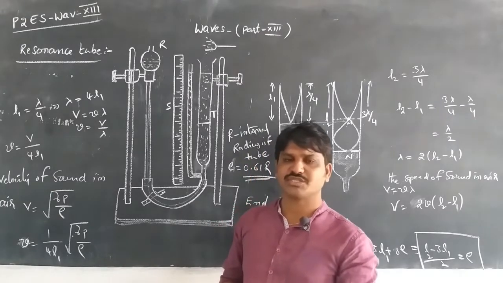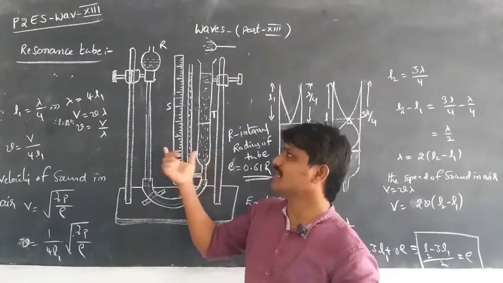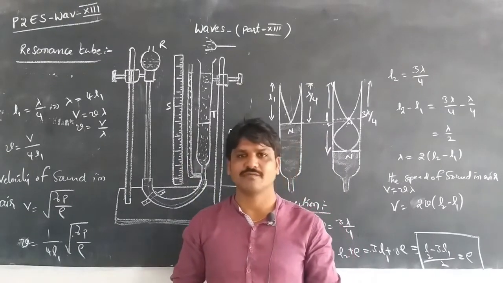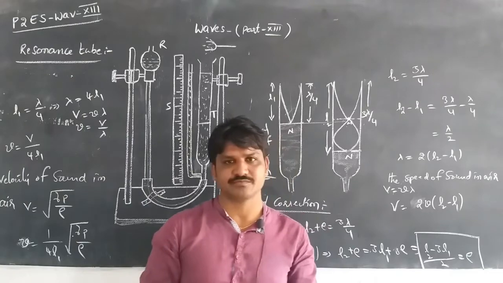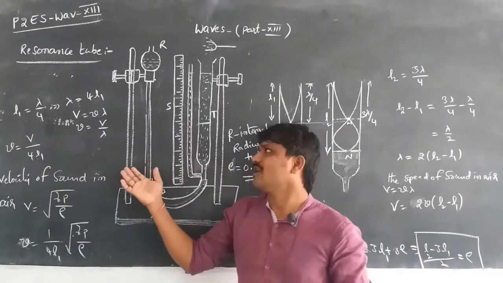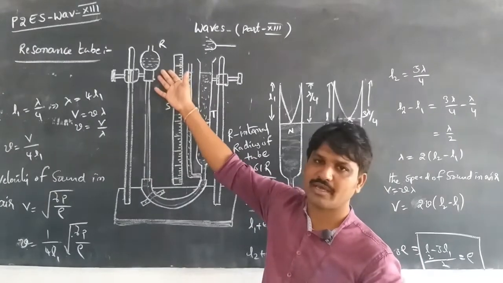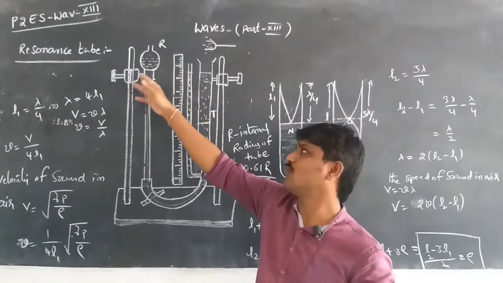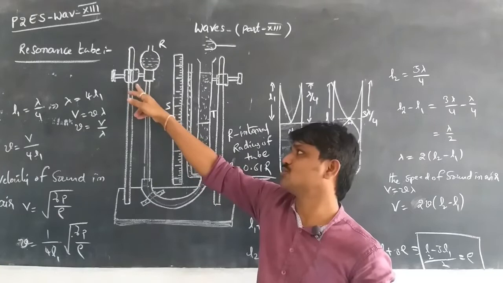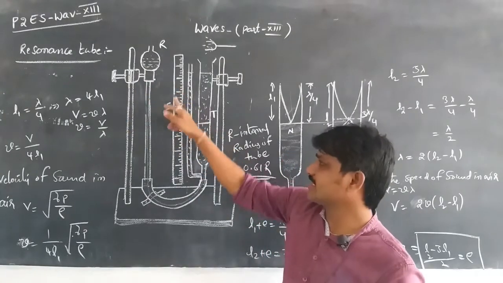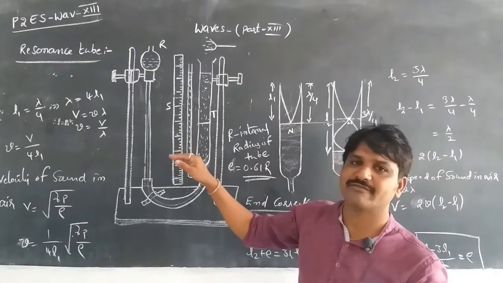Using resonance, with the resonance tube, we can find the speed of sound in air. The resonance tube has a movable reservoir on a stand, which can be moved vertically, and a scale to measure the water levels.